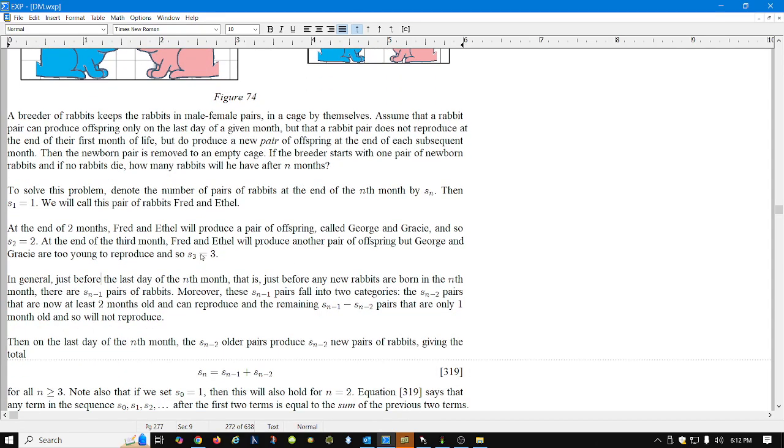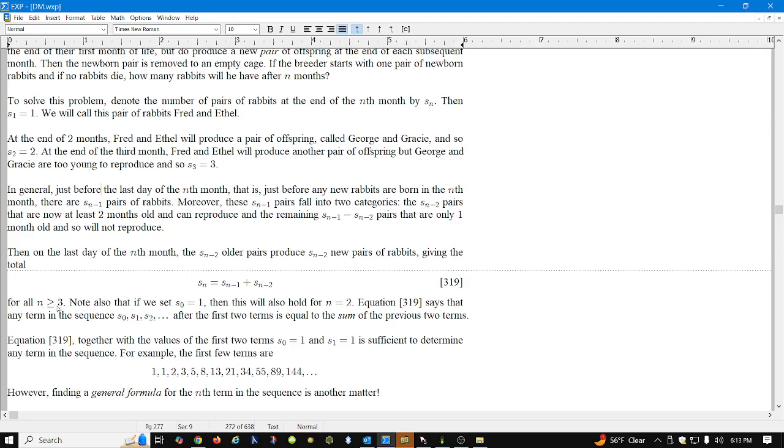So on the last day of the month, the S(n-2) older pairs produce an additional S(n-2) new pairs, and therefore Sn is S(n-1), that's the existing pairs, and then we have to add the new pairs, S(n-2).